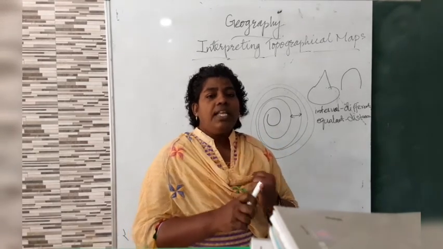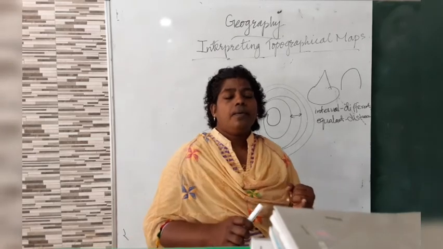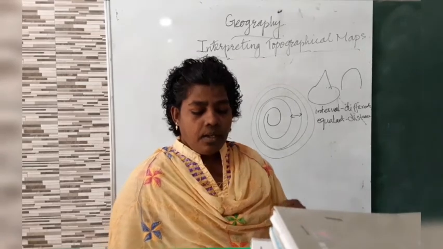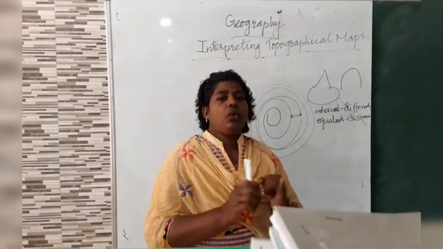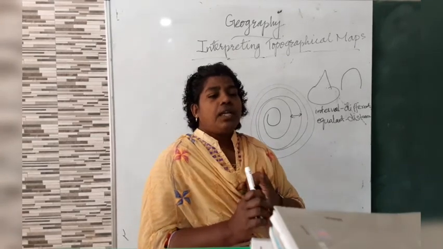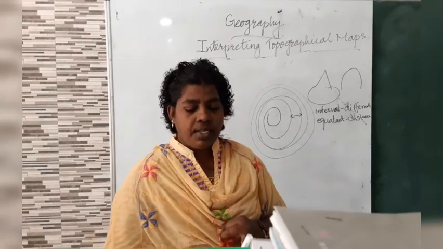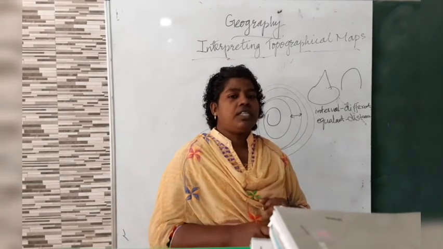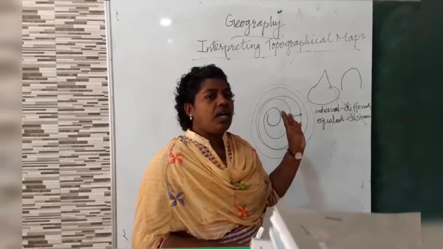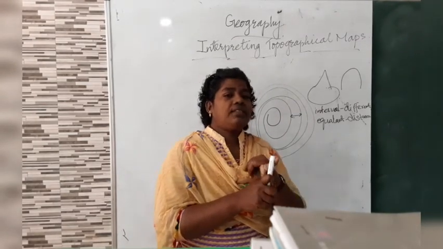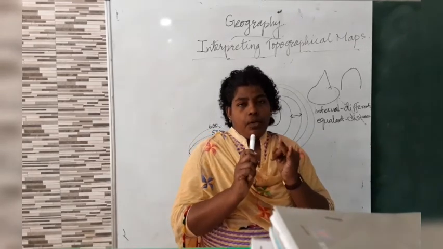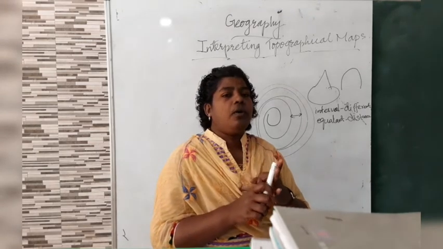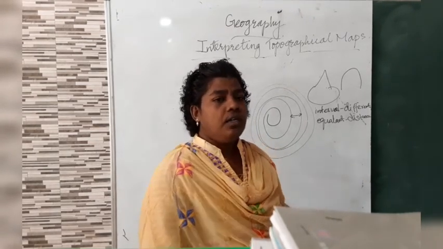First one is linear settlement, then nucleated settlement or clustered settlement, and then scattered settlement or dispersed settlement. What are the three settlements you have learned? Nucleated or clustered settlement, linear settlement, and scattered or dispersed settlement.